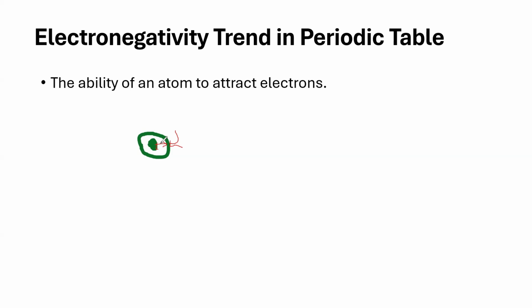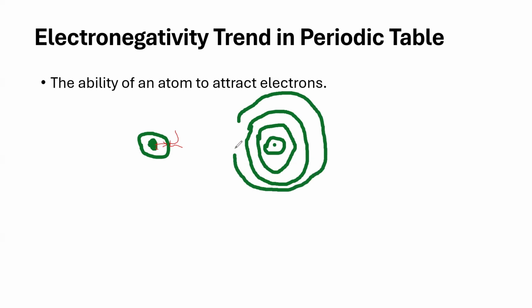While if the atom is larger, then the nucleus will be further from the outer shell electrons, and the attraction force will decrease.